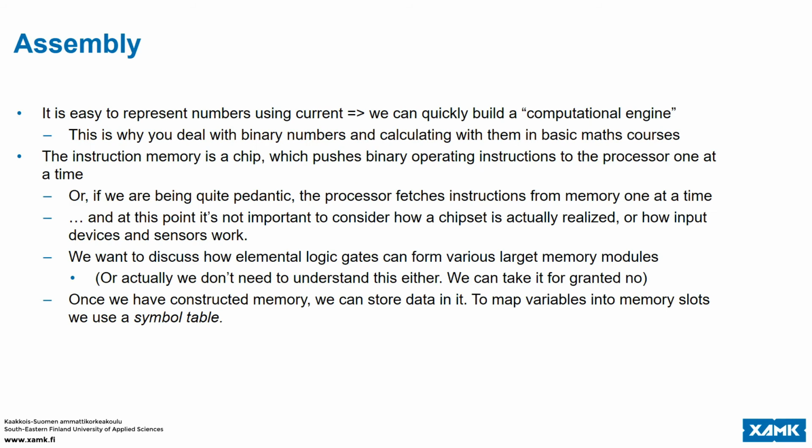The main operating principle of the computer is basically that it is easy to represent numbers using electrical current. We represent ones with an electric signal and 0 with no electric current. So this is how we build a signaling machine. This is why you deal with binary numbers and calculating with them in the basic math courses.